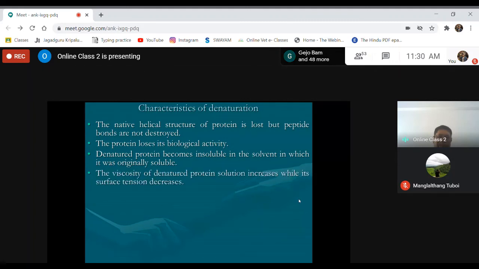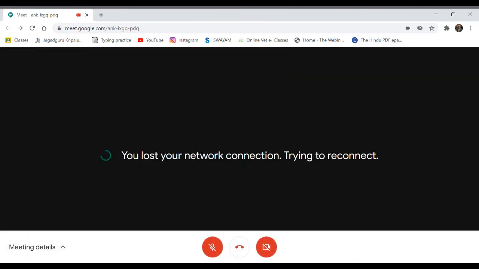The viscosity of the denatured protein solution increases while its surface tension decreases, because the protein now becomes fibrous. Instead of the globular form, it may become fibrous, and that increases the viscosity of the protein solution. Denaturation is associated with an increase in ionized and sulfhydryl groups of proteins.